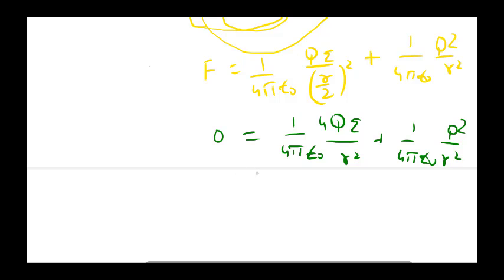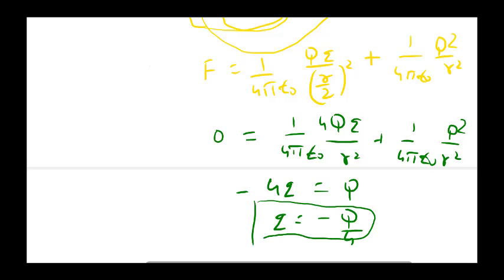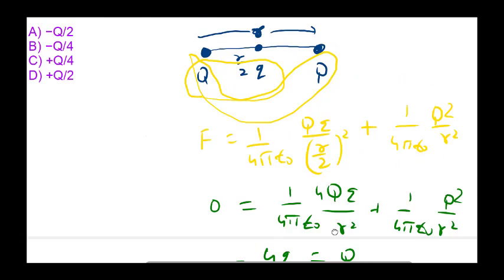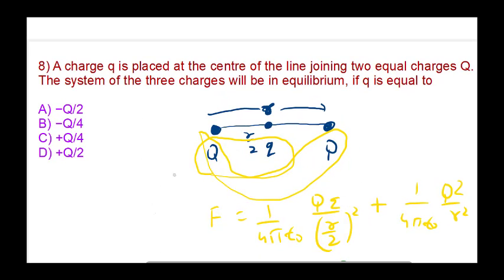Now we can rearrange the terms and cancel out the things which are common. So we have minus 4q. Here we observe that we only have Q on the right hand side. This Q cuts out with this Q, r square, and all the other terms get cancelled out. So now this small q is minus Q by 4. So this is the answer. In the options, it is B. B is the correct answer for this.